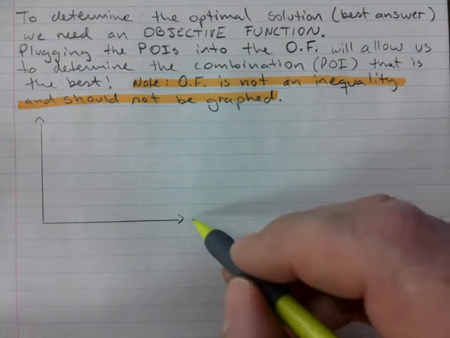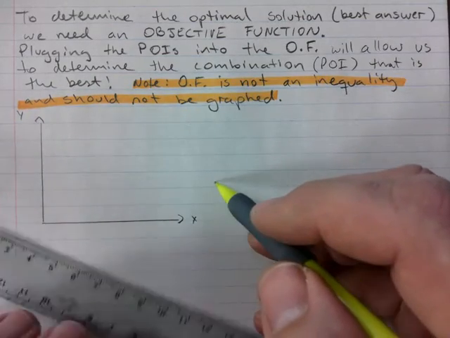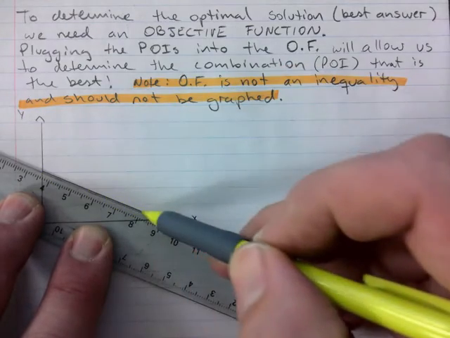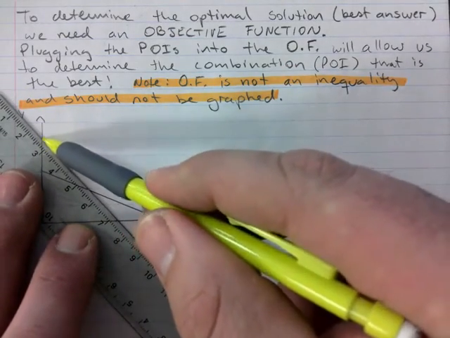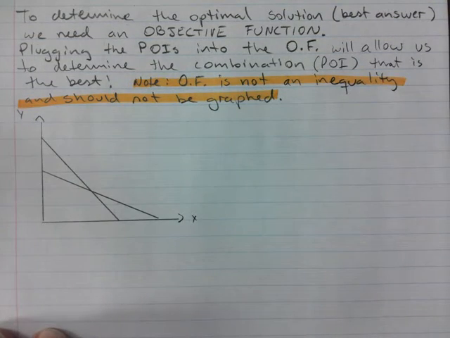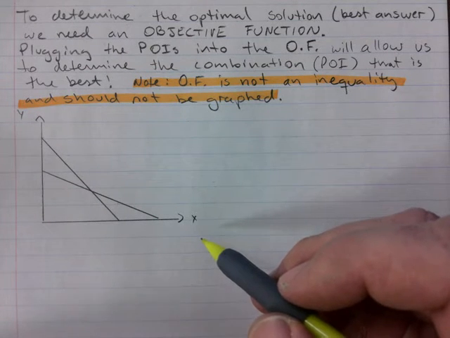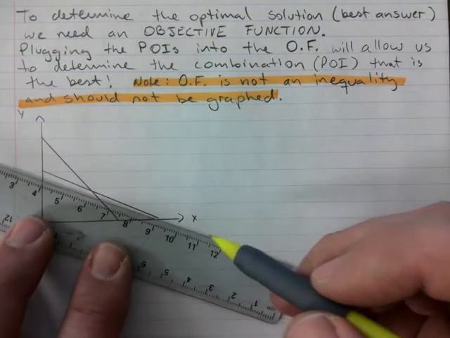So we have x and y. We happen to just be in quadrant 1. So make one line that kind of goes like this, and another one that is a little higher up the y-axis but cuts it like this. And I'm going to shade above both lines. Okay.